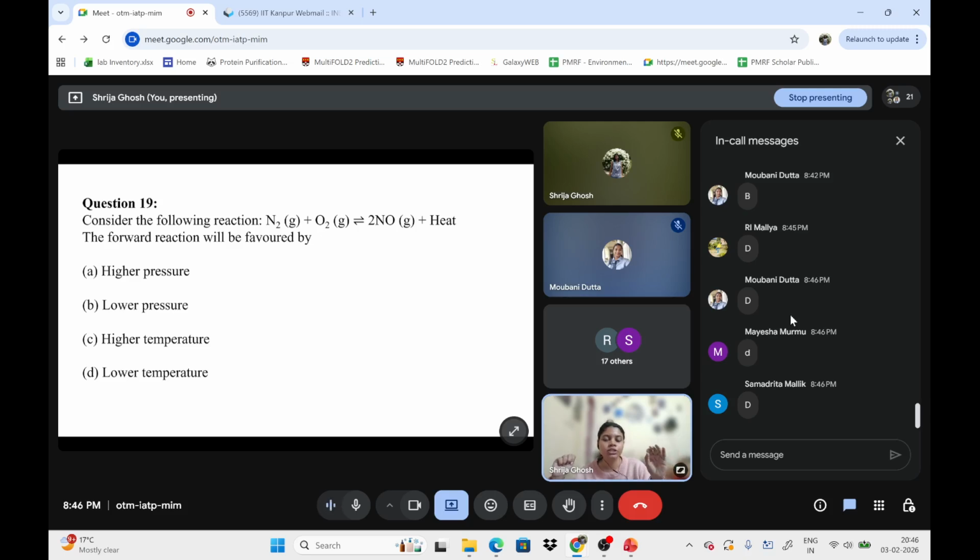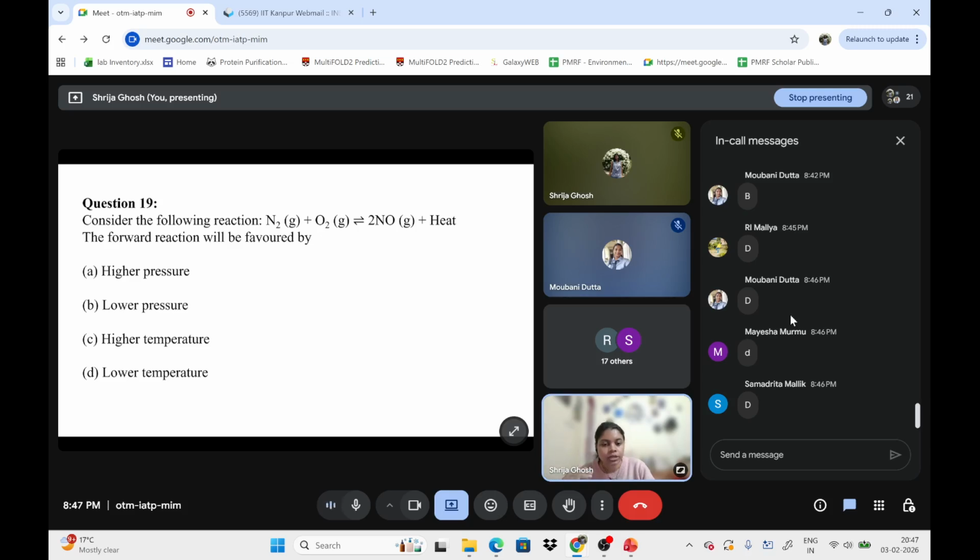For such a reaction, if we increase the temperature, the reaction will actually go backwards, because the heat is on the right hand side. If you keep increasing that component, it will push the reaction towards the left hand side. So for the reaction to go forward, you need to keep the temperature down.